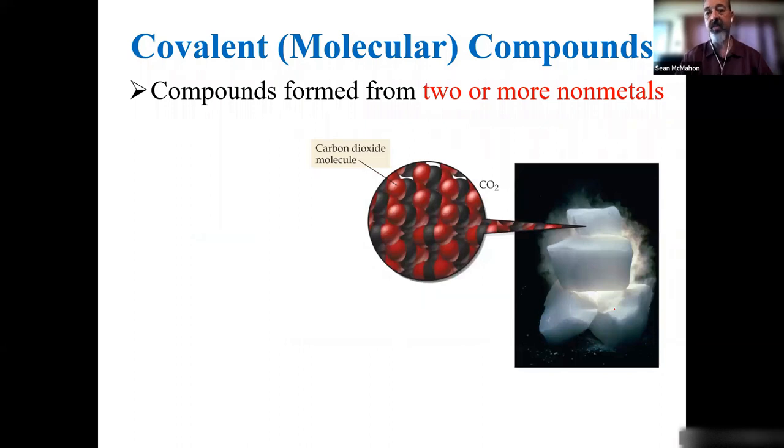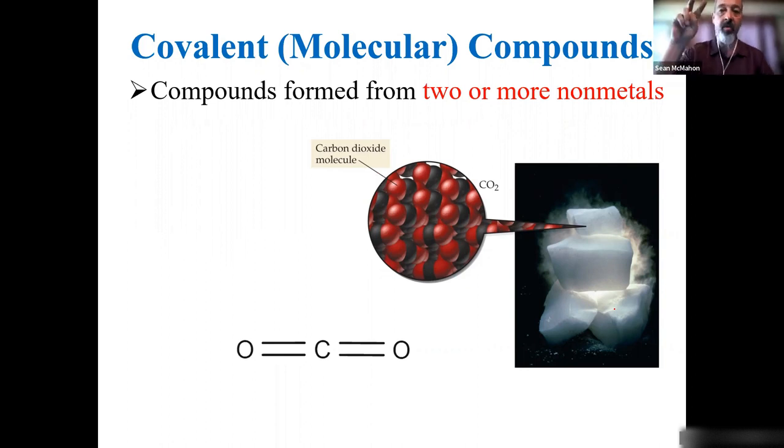So what's an example of a covalent compound? CO2. How do I know this is covalent or molecular? Well, there's two nonmetals. How do I know these are nonmetals? The periodic table will tell me. Now, this is missing the lone pairs. We'll get into that a little bit later.